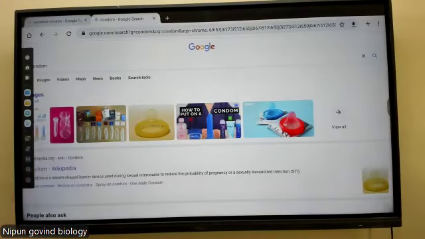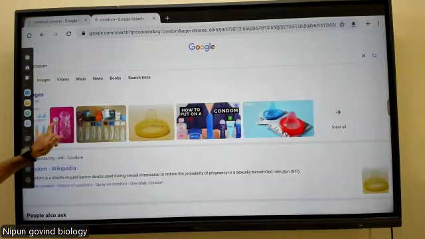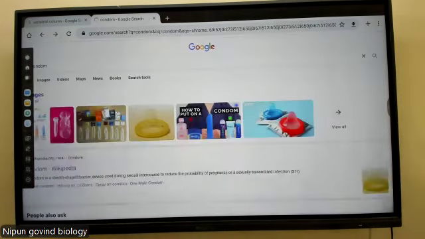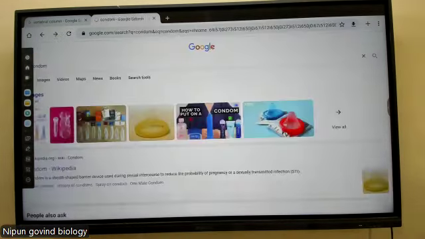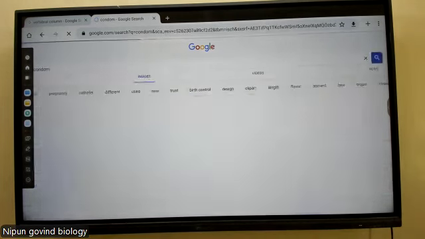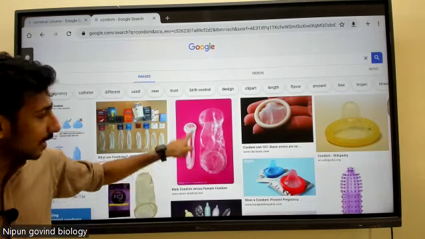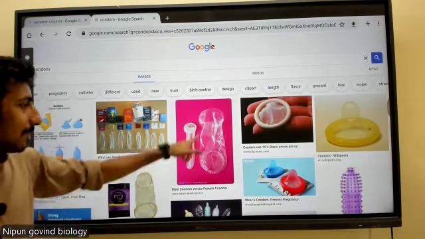This is a condom. Can you see this? That is a female condom.